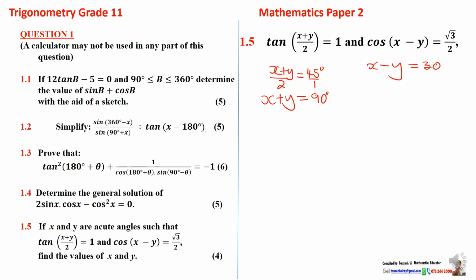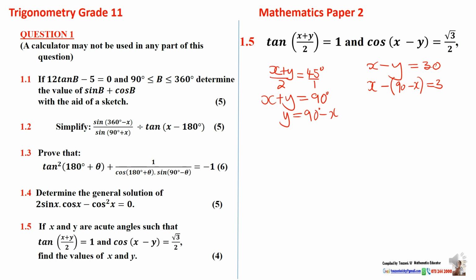So then I can use substitution to work this out. y is equal to 90 degrees minus x. I bring this into the position for y in the other equation. x minus y will become x minus (90 minus x), which is equal to 30 degrees.